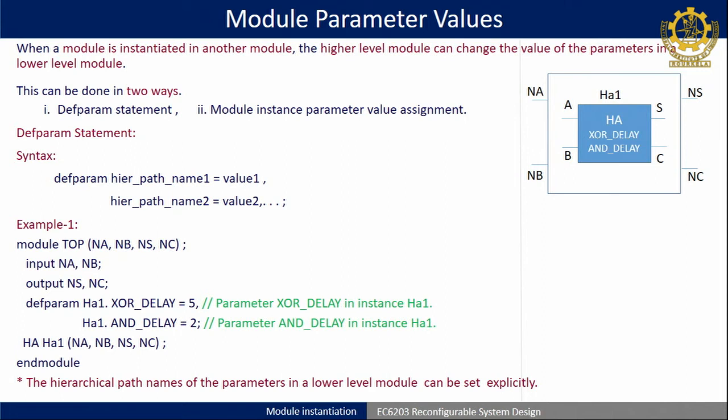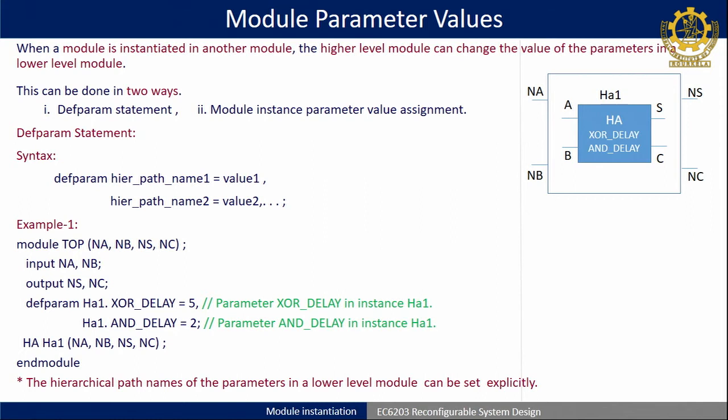So, when a module is instantiated in another module, the higher level module can change the value of the parameters in a lower level module. So, that is possible. Let us say I want 2 half adders inside a full adder. Half adder 1 should have its own AND XOR delay of a different value and half adder 2 should have an AND XOR delay of a different value.